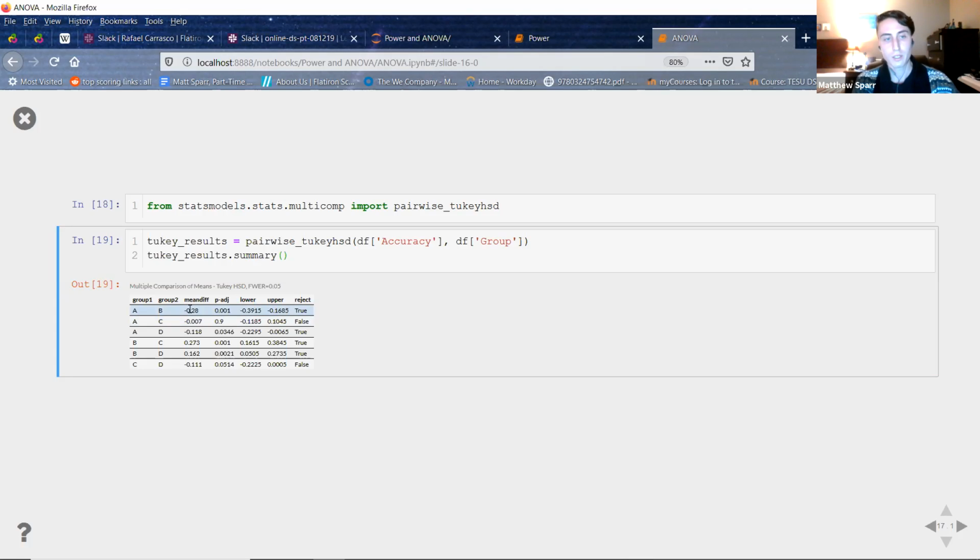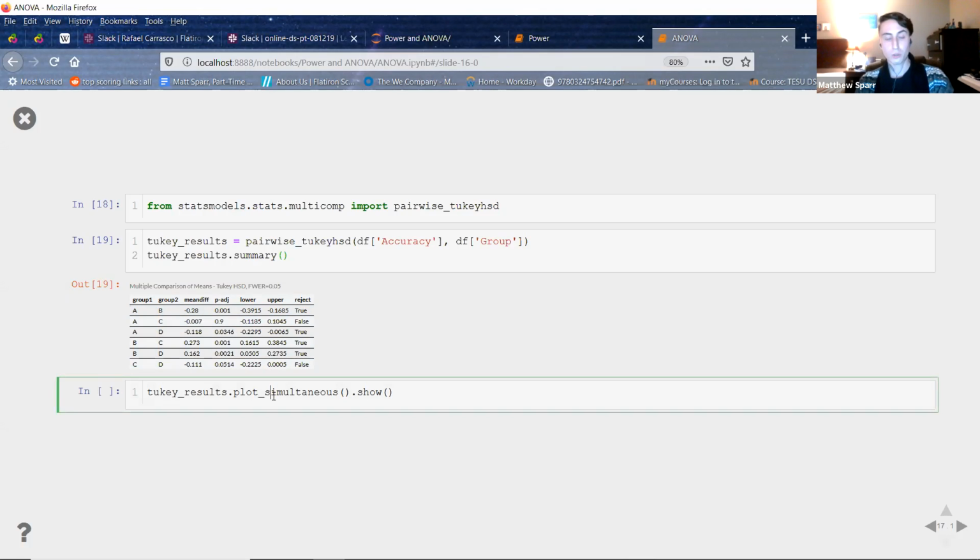It shows the difference of the means, the p-value for that difference, and then on the right, whether or not you could reject the null hypothesis there. So for example, this is telling us that there is a significant difference between groups A and B, between A and D, between B and C, between B and D, but not between A and C and C and D.